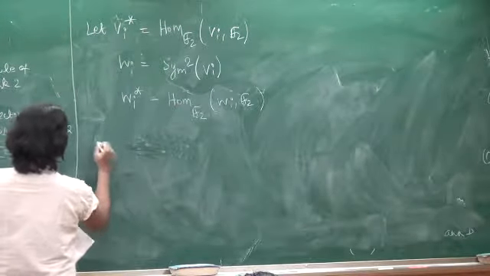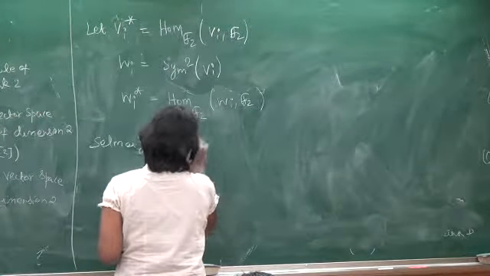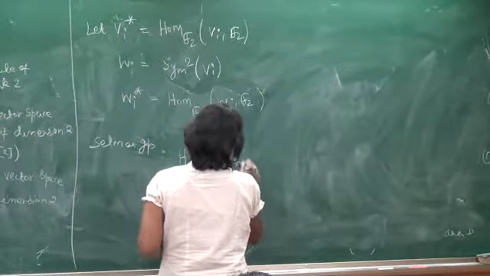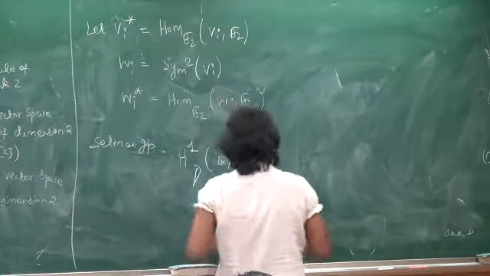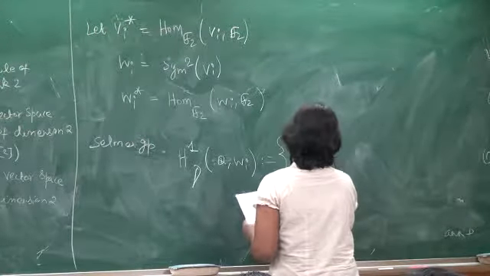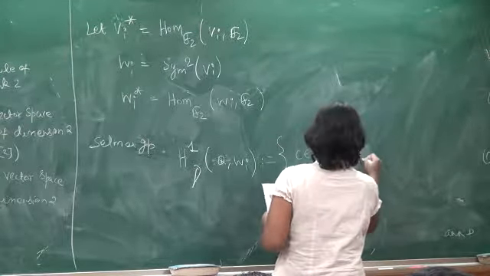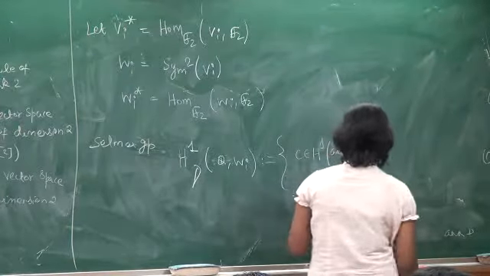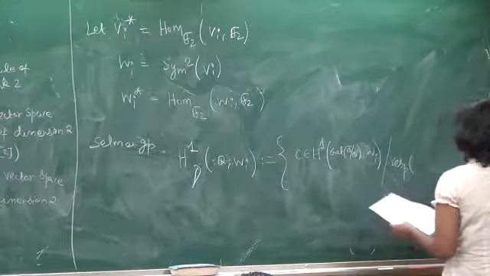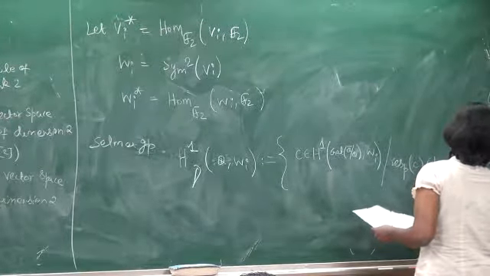I will define the Selmer group. The Selmer group is the set of classes in H^1(Q, W_i) such that when we restrict to the Galois group of Q_p bar over Q, it lies inside L_p for every p less than or equal to infinity.